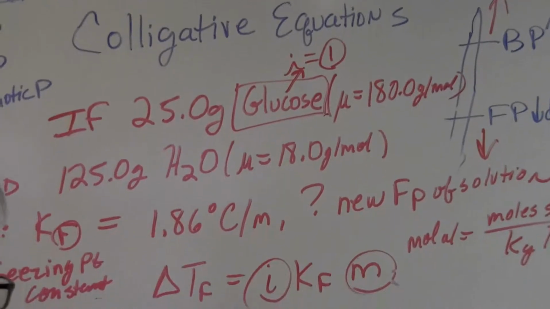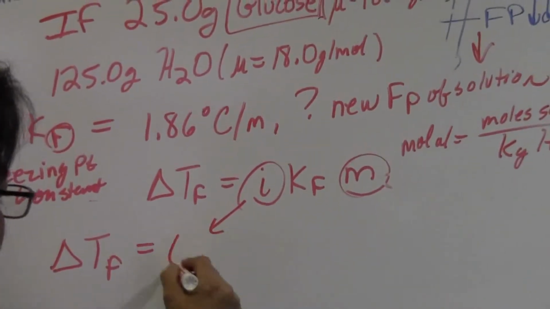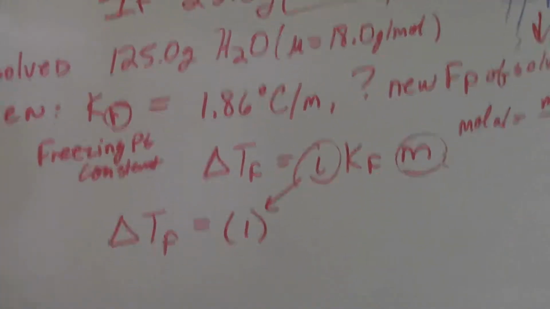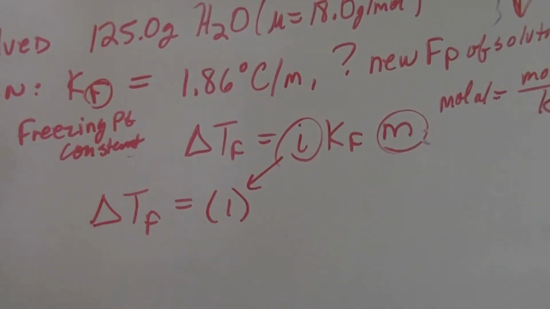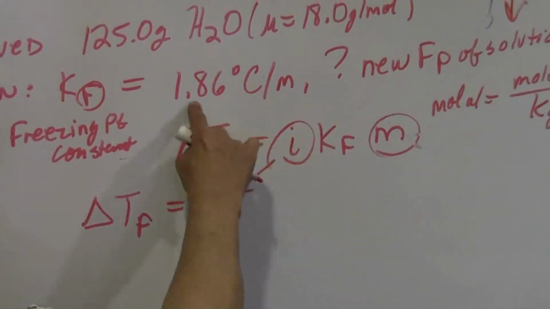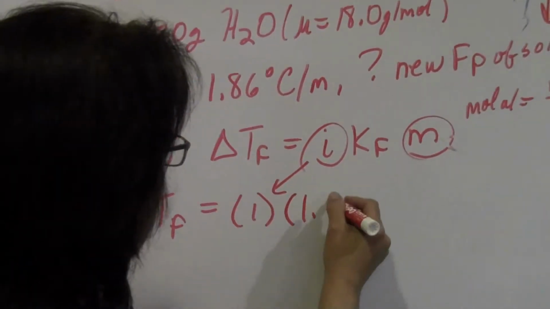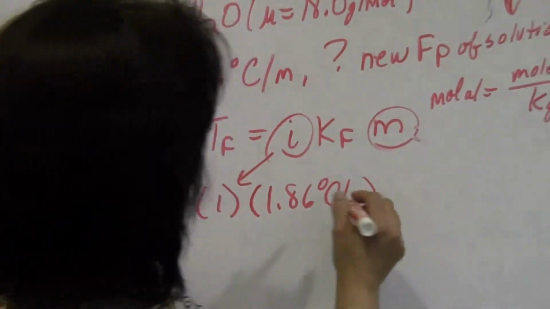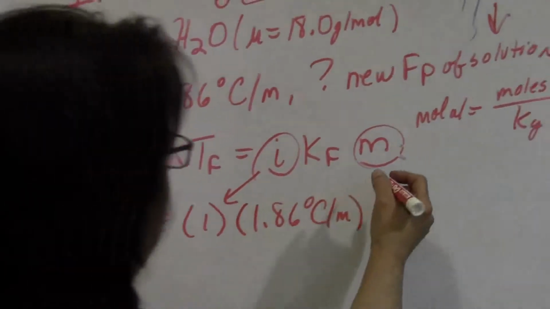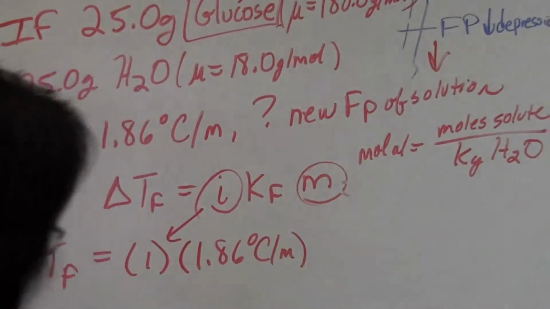So we already know i is going to be 1. K sub F, they give us 1.86 degrees centigrade per molal. So that leaves us with finding molality.